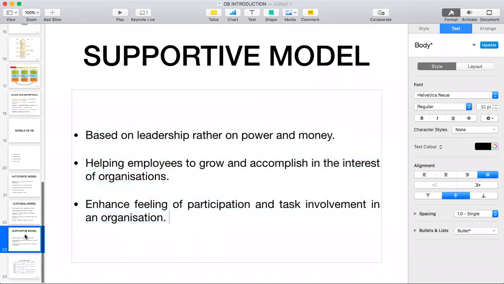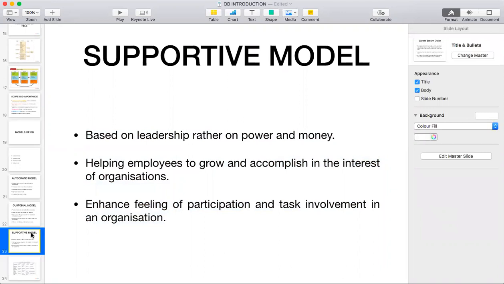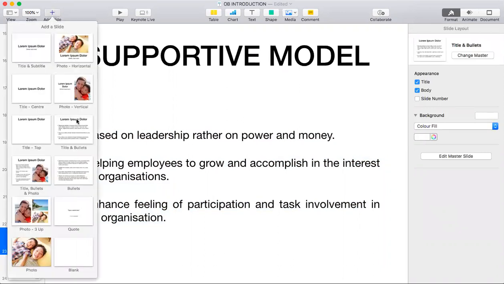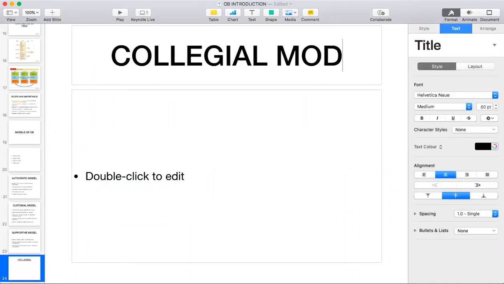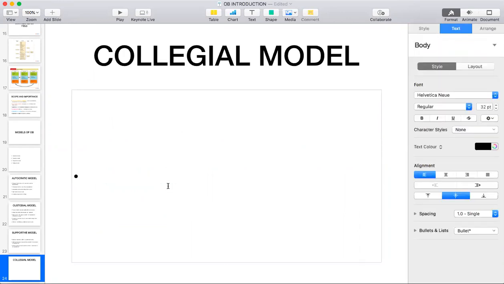And the last model in this category is called the collegial model. Now, the meaning of collegial is a body of persons or a group of persons having a common purpose.